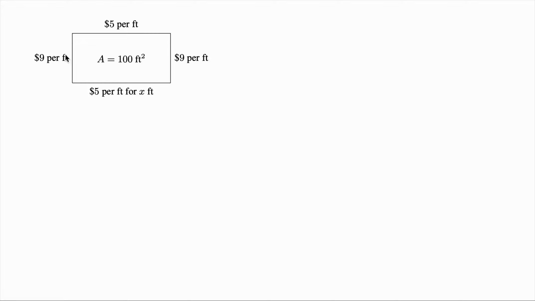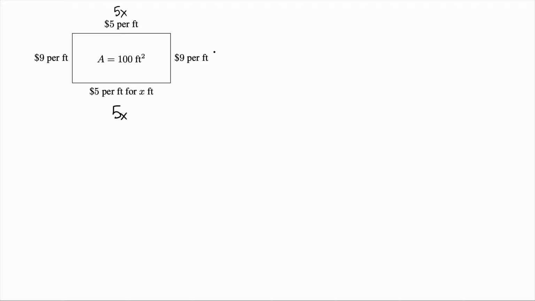Okay, so we need to find a function for cost. The cost of building this side is $5 for each foot for x feet, so the cost of building this side is 5x. Let's just make sure I've got this. It's 5x. Cost of building this side, let's think about that.